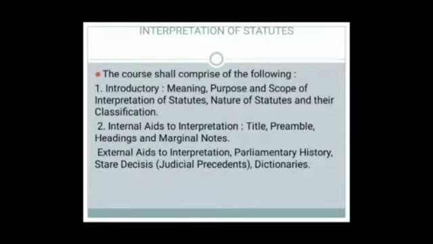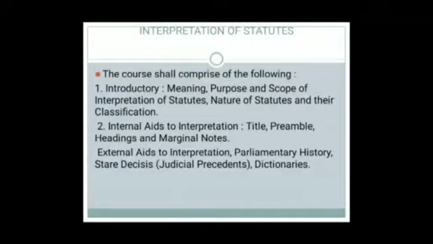So firstly, what do we mean by interpretation? Basically, this term has been derived from the Latin term interpretary. Now, what does that mean? Interpretary means to explain, expound, understand, or to translate.